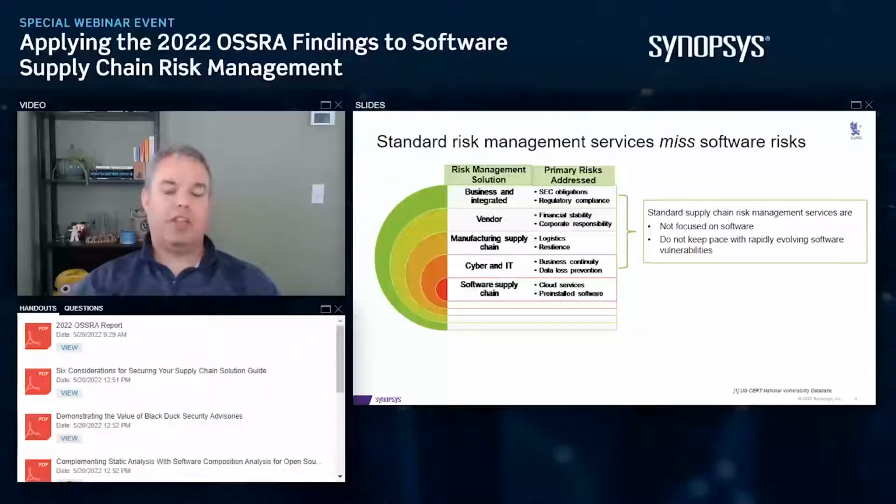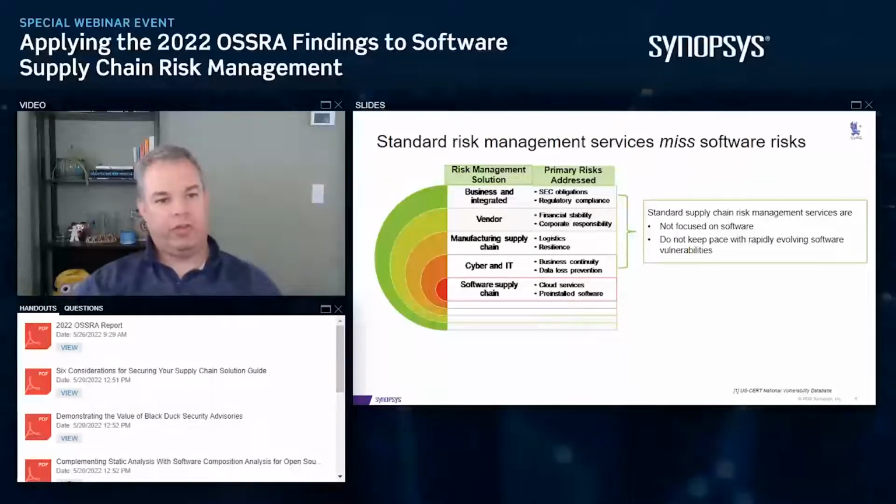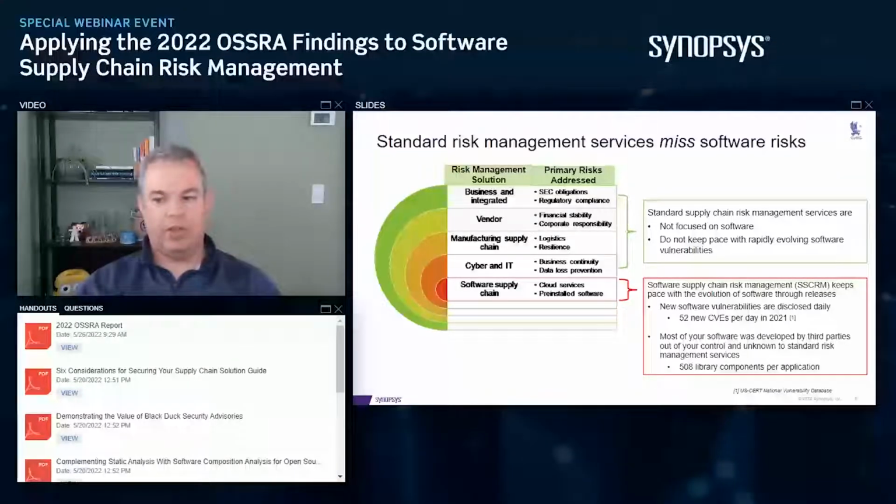The software supply chain element is where that actual patch knowledge comes in. And so everything that is on the vendor risk management, manufacturing supply chain, business side of things, a lot of the cyber and IT side, that's designed for slow moving processes, not the fast moving world that we live in. And so as a result, it's a little bit challenged to keep up with the number of CVEs that get published every year.